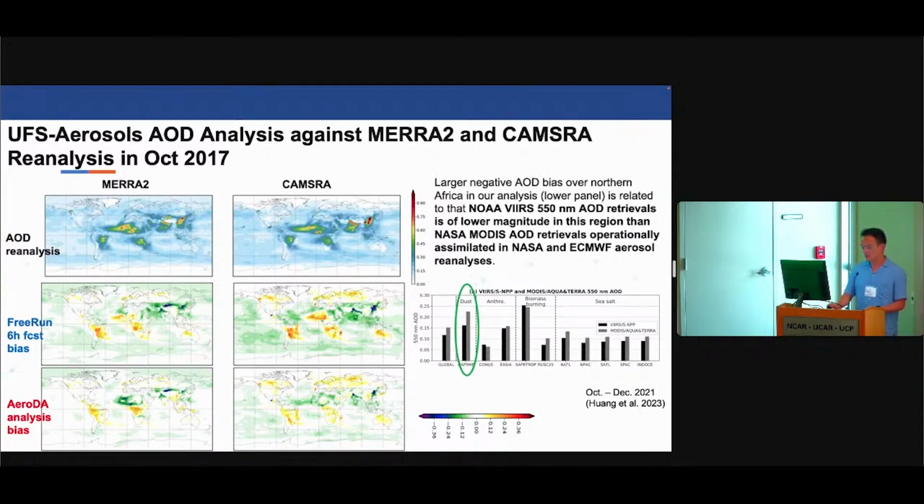As a result, our AOD analysis has a larger negative bias when we compare with the reanalyses from NASA and ECMWF. So this also raises the uncertainty from the observation perspective in aerosol data assimilation.